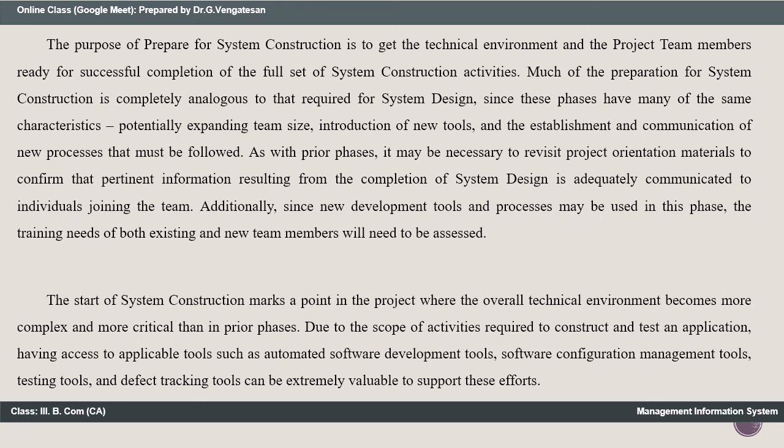The start of system construction marks a point in the project where the overall technical environment becomes more complex and more critical than in the prior phases. Due to the scope of activities required to construct and test an application, access to the applicable tools in automated software development, and the system configuration with the testing tool and defect tracking tools, can be extremely valuable to support this effort.